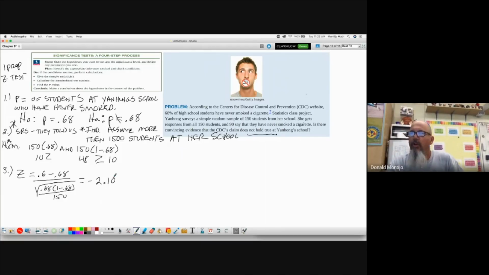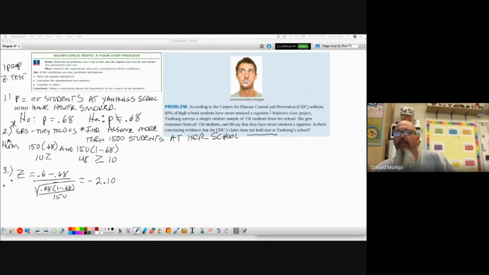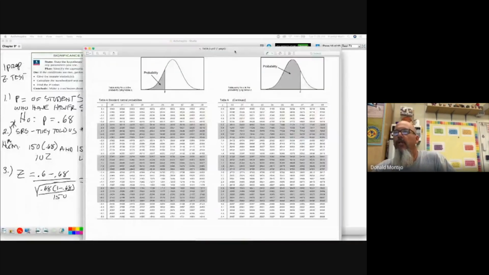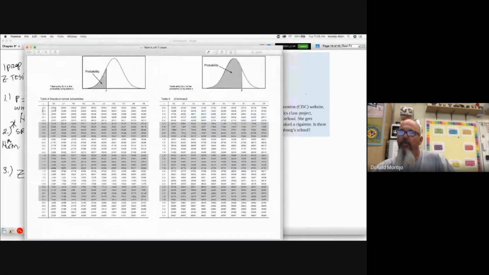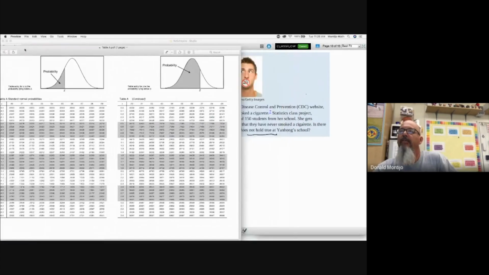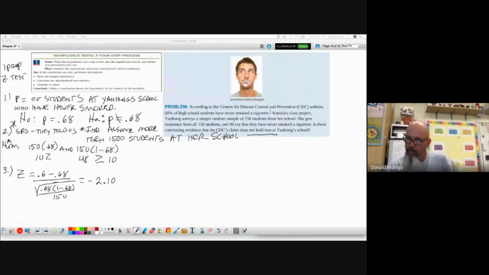The alternative here is two-sided. So let's look at using table A to find this p-value. Let me grab it and bring it over here so we can take a look at it. So my z was negative 2.1. Negative 2.1 is 0.0179.